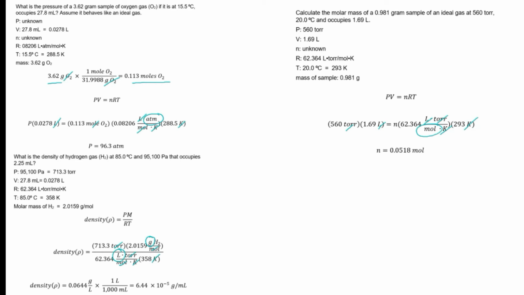Well, remember, molar mass is simply grams of sample over moles of sample. We just calculated our moles of sample, and our problem gives us the mass of our sample. So we should be able to plug these in and get our molar mass. Here we go. Here are our numbers plugged in. Our molar mass is 18.9 grams per mole. Our units really did lead us with this problem, didn't it?